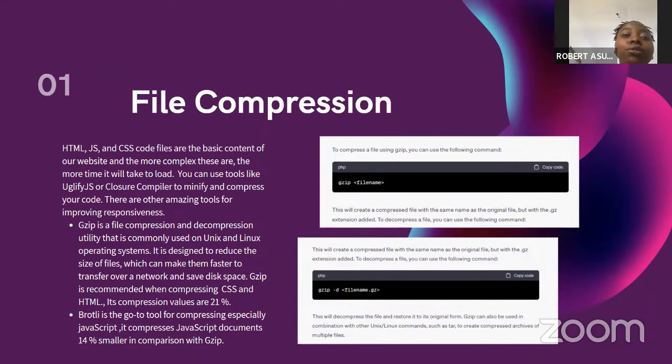So when you're trying to use gzip to compress your file, all you need is a line of code. On my slide here, you can see that I highlighted two lines of code. The first one is what we should pay attention to. All you need is the gzip command line and then include your file name.